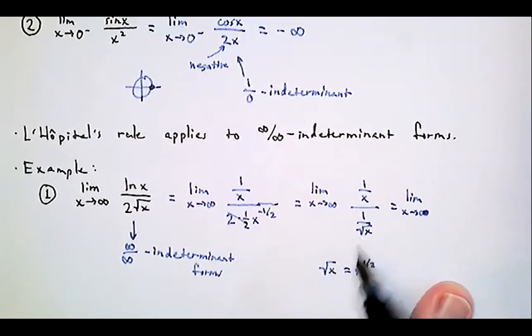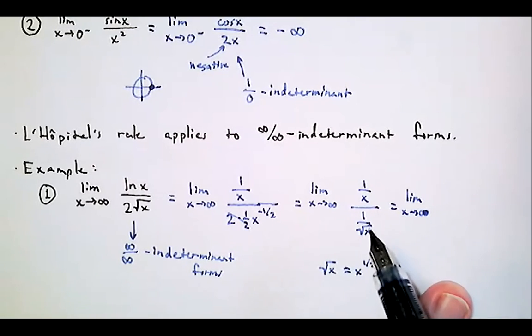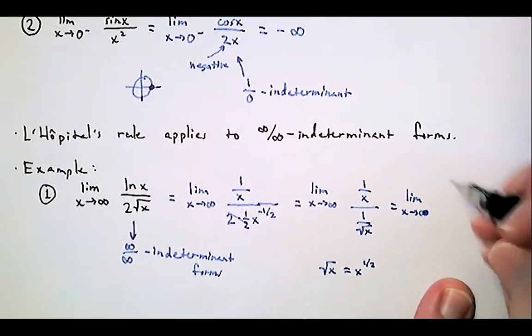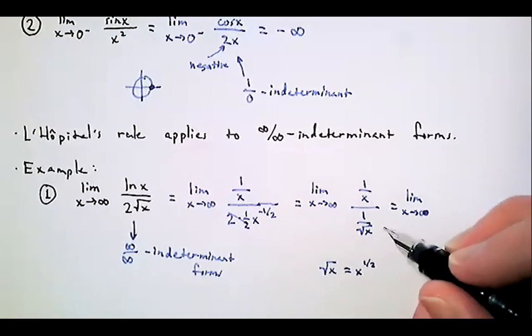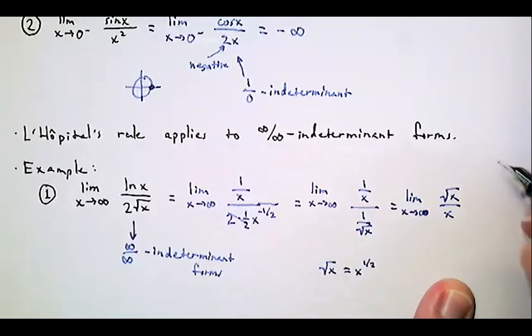Because when we're dividing by a negative exponent, we're dividing by a fraction. And that means that this will flip to the top when we take the reciprocal of the fraction. So this is actually the square root of x divided by x.